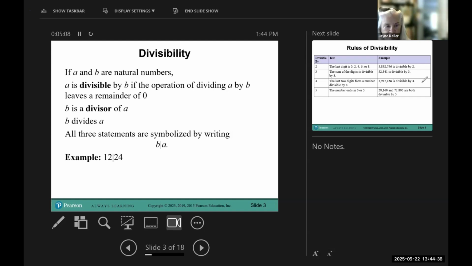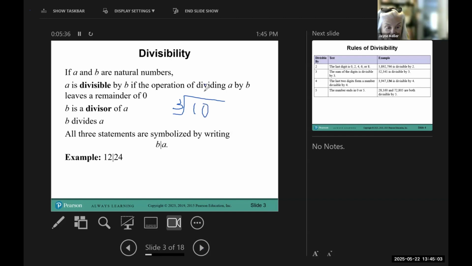If I try to divide 3 into 10, this is not going to be pretty because my pen isn't working, but divide 3 into 10.